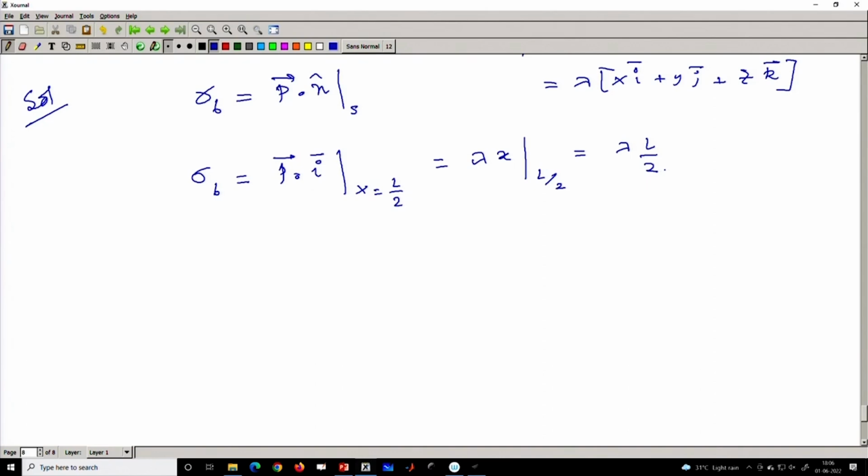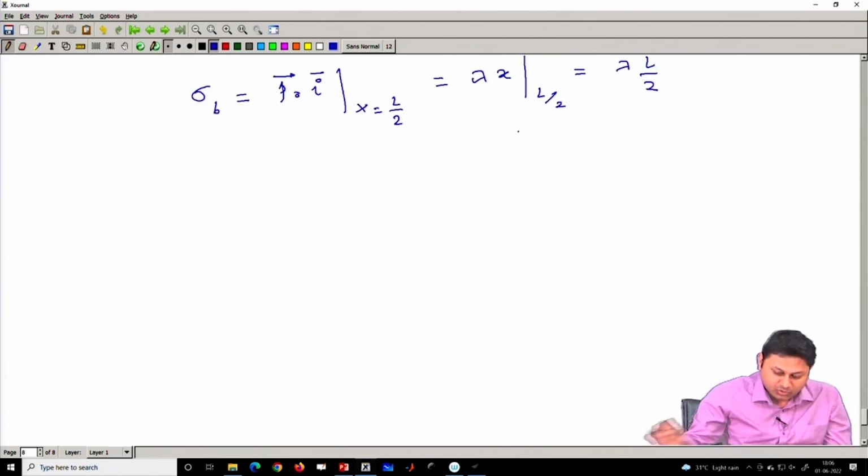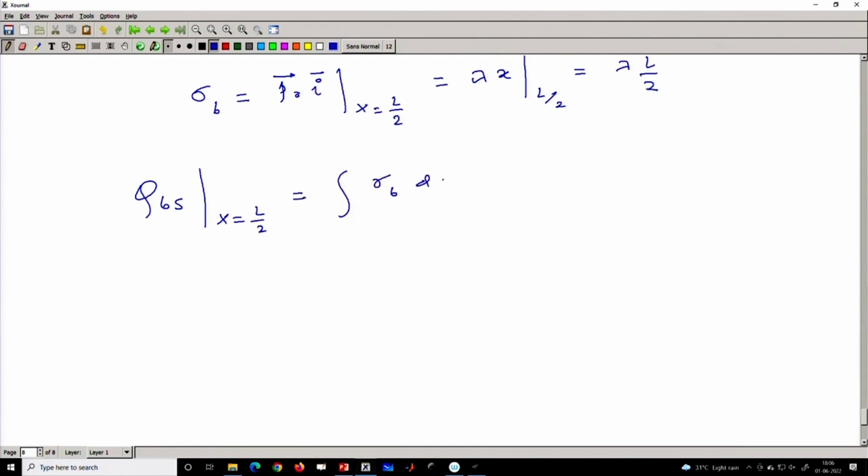Now, this is the charge density. If I want to calculate the total surface bound charge for one surface, say at x equal to L by 2, I should integrate sigma b over dS.